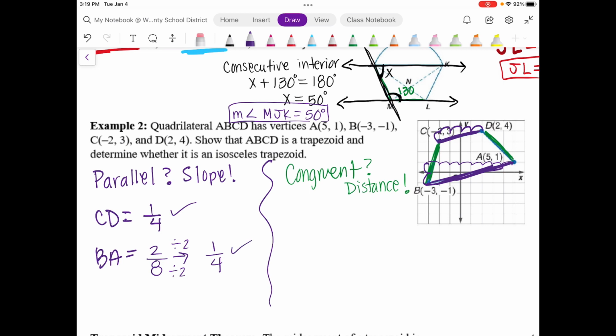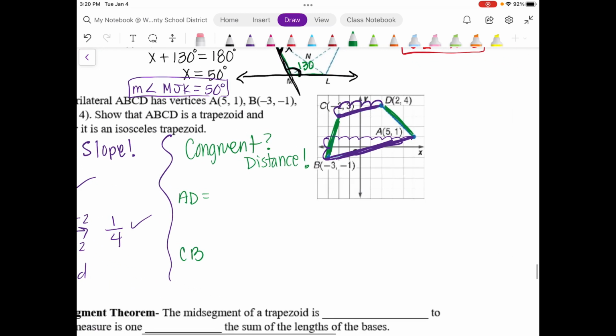So this is going to be a trapezoid. But we need to see if the opposite sides are congruent, the sides. So I'm going to take the distance of AD, and I'm going to take the distance of CB. As a reminder, the distance formula is when you take the square root of the difference in your x's being squared, and then the difference of your y's being squared, and add them all up, take the square root of that.